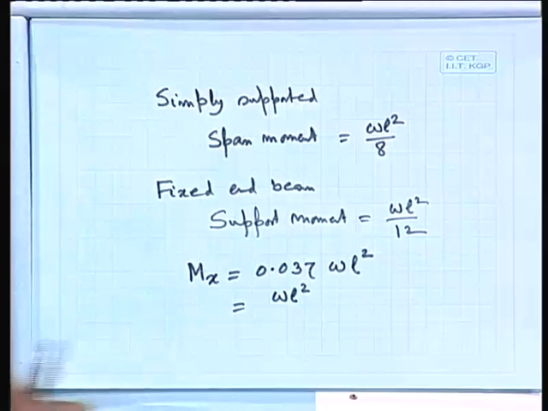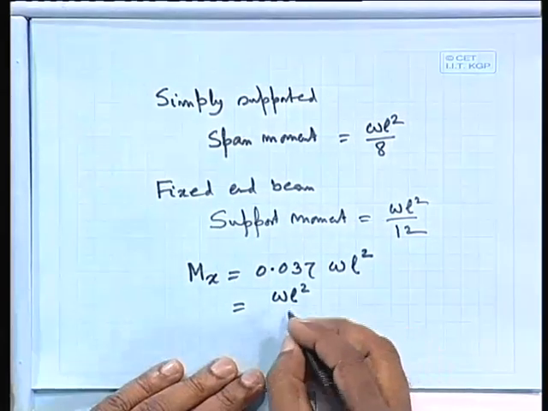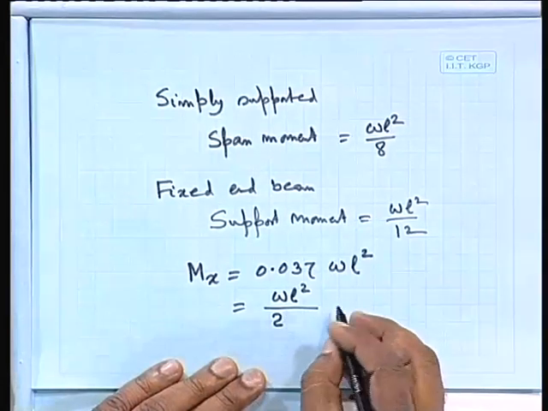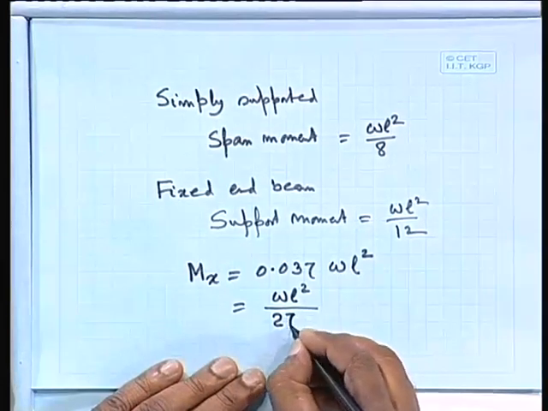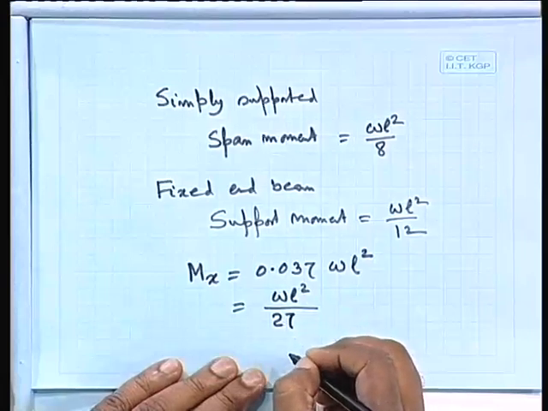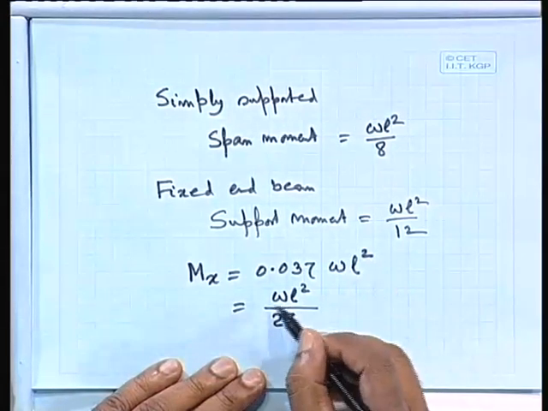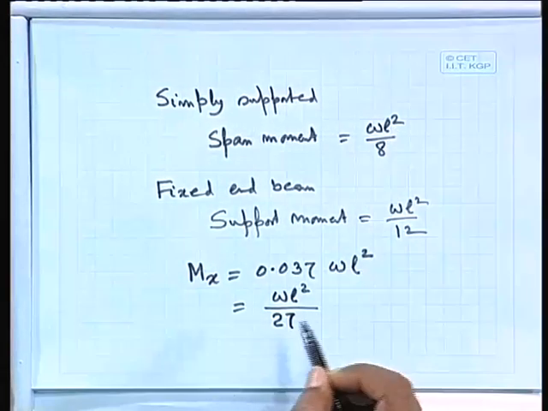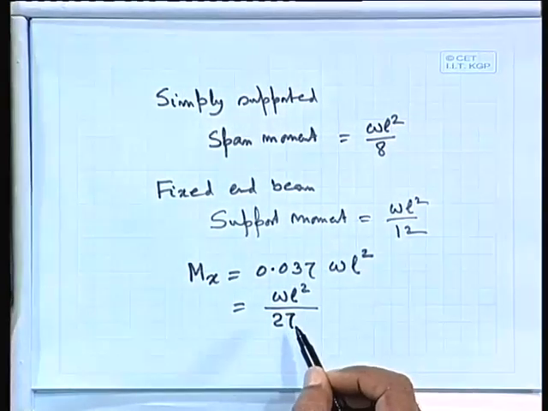I would like to write it in this fashion because I am familiar with it, which is coming to 27.027. Let us write 20 WL square by 27. That means you can find out how much the moment is: WL square by 8 here, and here you are getting WL square by 27.